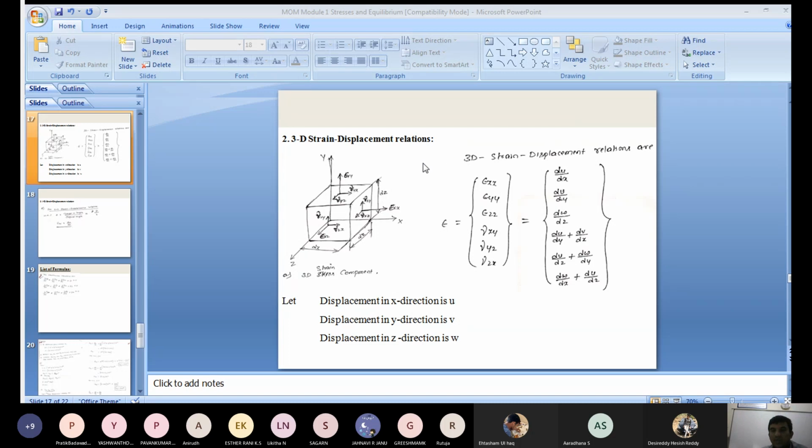Now similarly tell me, what is epsilon yy? Yes, unmute yourself, Grishma. Yes, sir. Now tell me what is epsilon yy? Strain displacement relation, strain in terms of displacement or deformation. Epsilon yy is equal to, the normal strain. What is the deformation in the y direction?